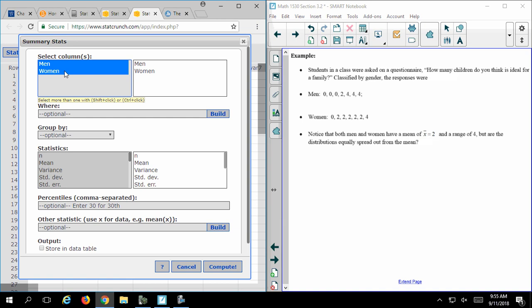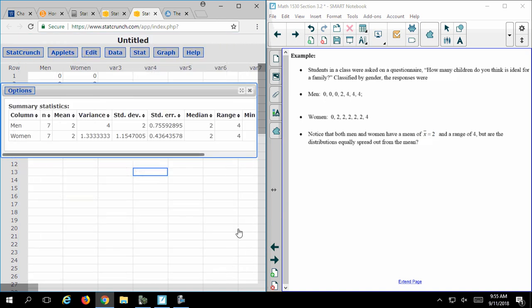So you hold down Control to do multiple selections. And then we'll compute. It'll give you 2 rows of statistics. First row is for men, second row is for women. And we see that our standard deviation for men was 2, and for women, it was 1.15. So it was lower.